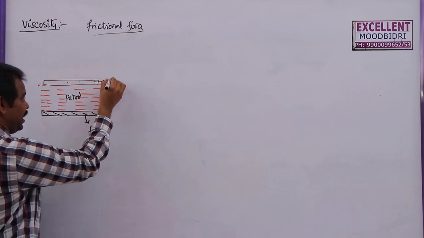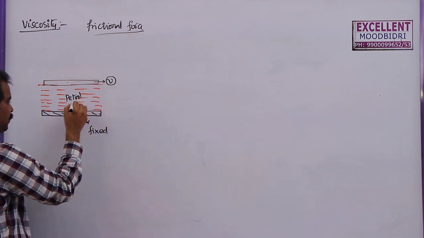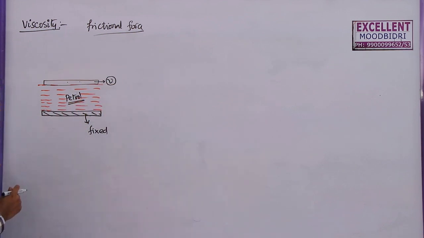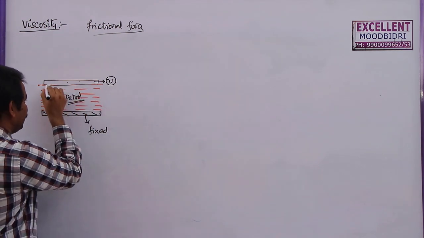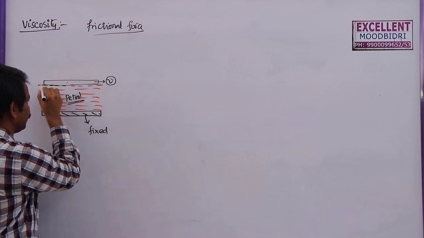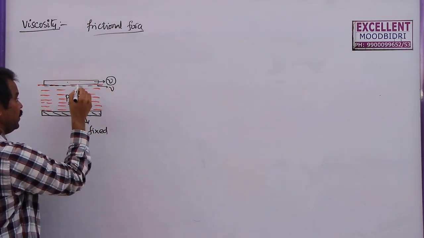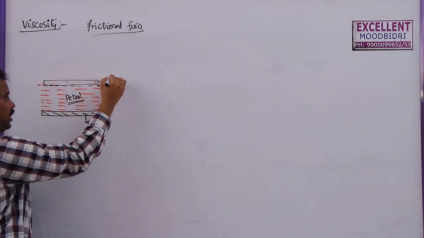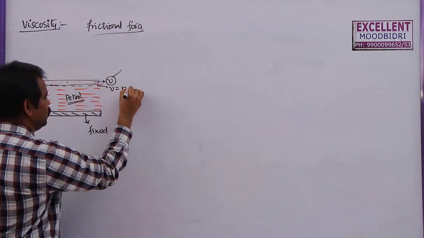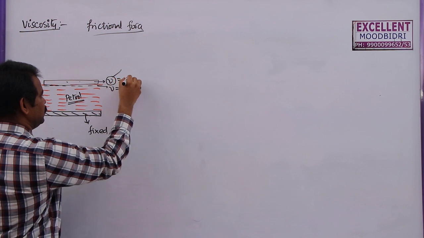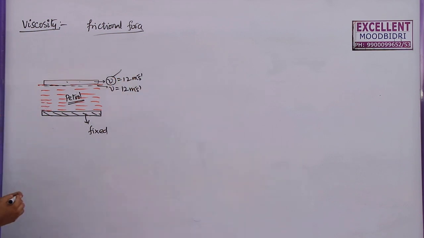Now, the velocity of this plate depends upon the nature of the liquid in contact with it. If the upper layer of this liquid is moving with the velocity v, then this glass plate also moves with the same velocity. Let us say this velocity is equal to 12 meter per second, then this will also move with 12 meter per second.